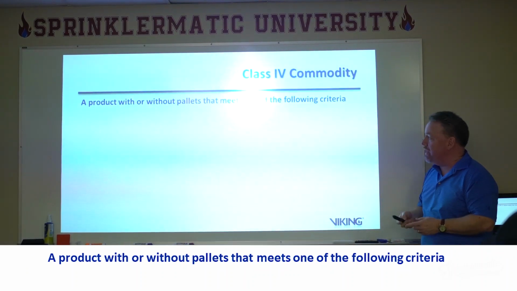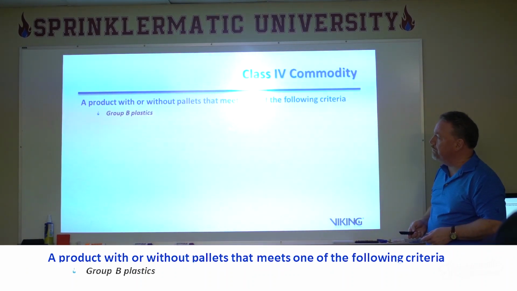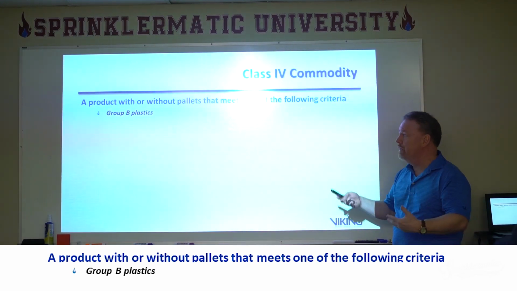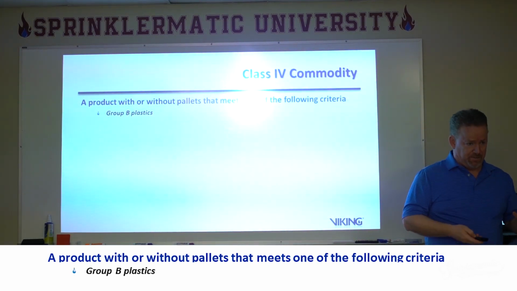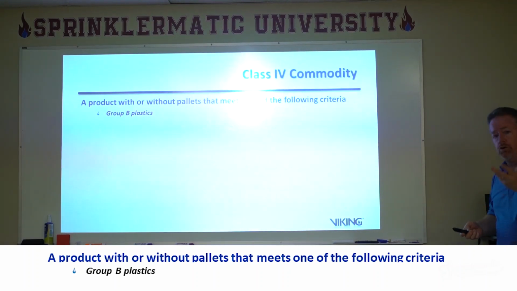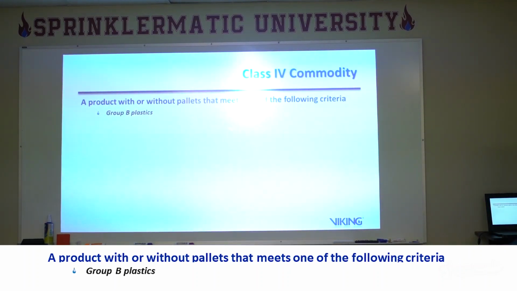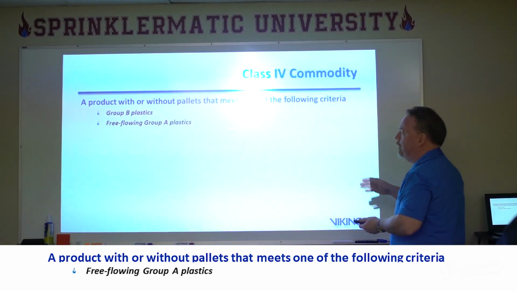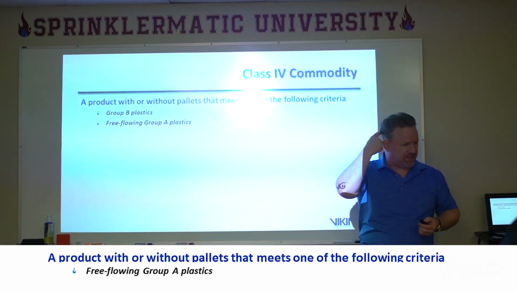A class 4 commodity needs to meet these criteria here. So again, it's combustible. Now it can be group B plastics. All group B plastics are considered class 4 commodities. You can have what's called free-flowing group A plastics.